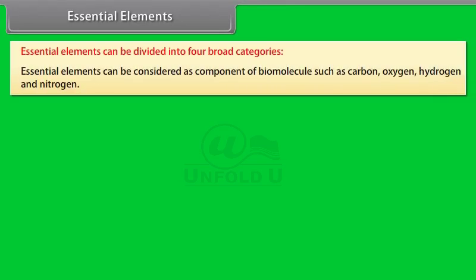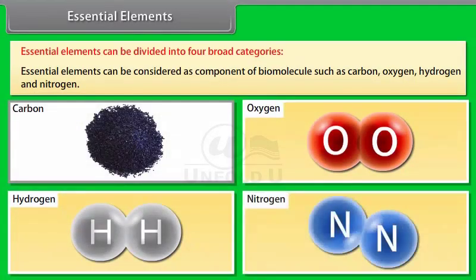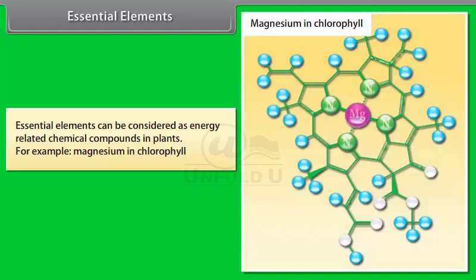Essential elements. Essential elements can be divided into four broad categories. Essential elements can be considered as components of biomolecules such as carbon, oxygen, hydrogen, and nitrogen. Essential elements can be considered as energy-related chemical compounds in plants, for example, magnesium in chlorophyll.